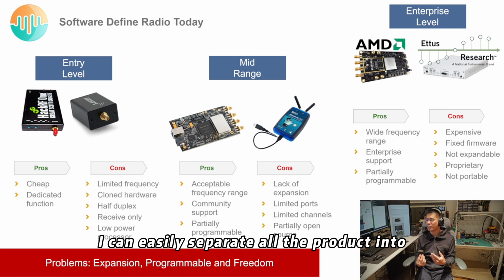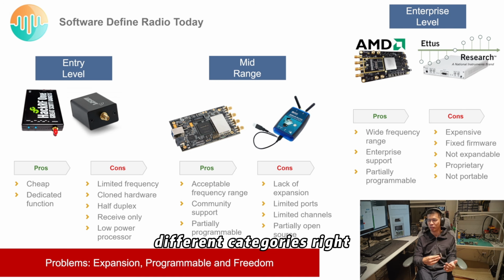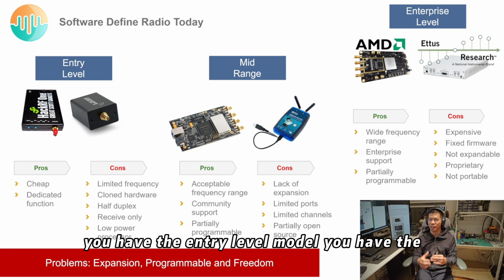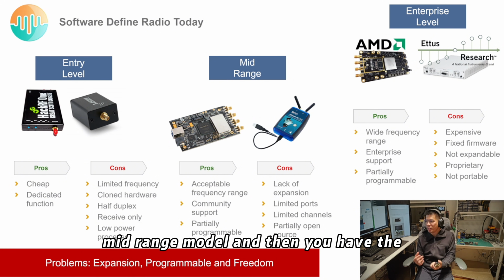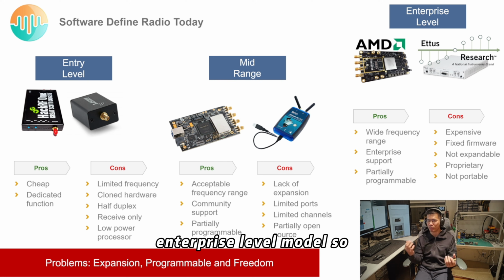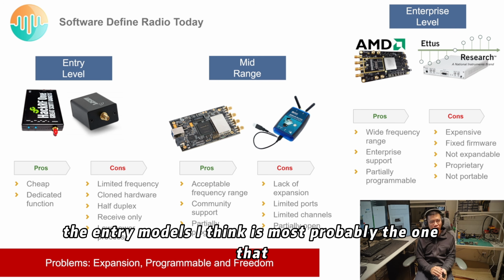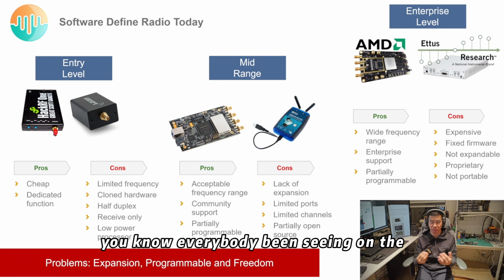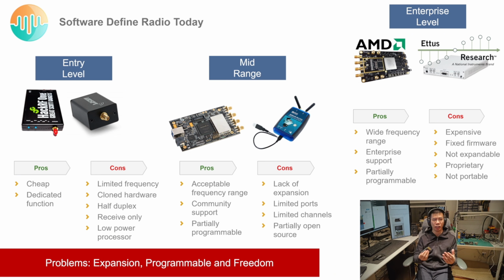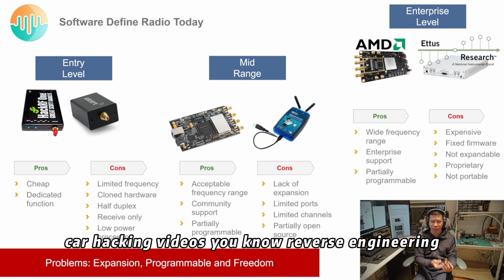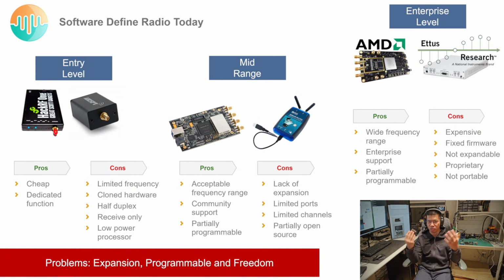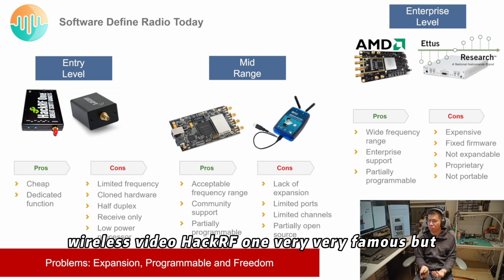I can easily separate all the products into different categories, right? You have the entry level models, you have the mid-range models, and then you have the enterprise level models. To name a few, the entry models are most probably the ones that everybody has been seeing on car hacking videos and reverse engineering wireless videos, HackRF One, very famous.